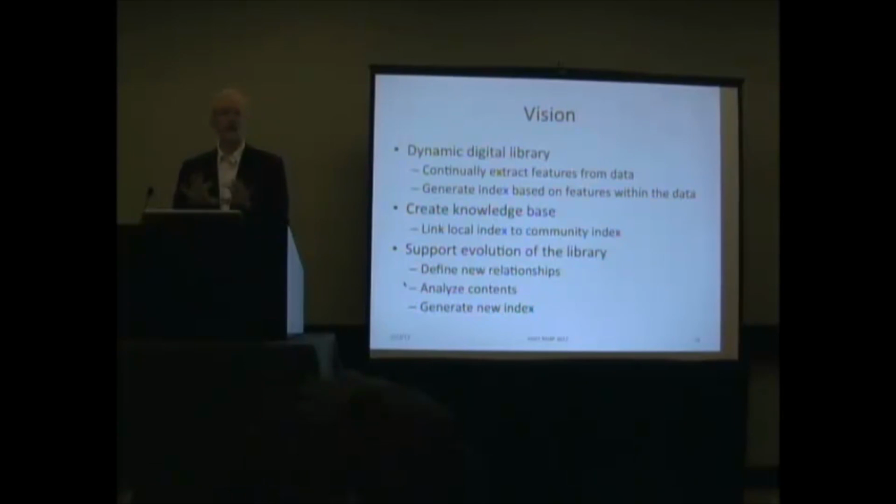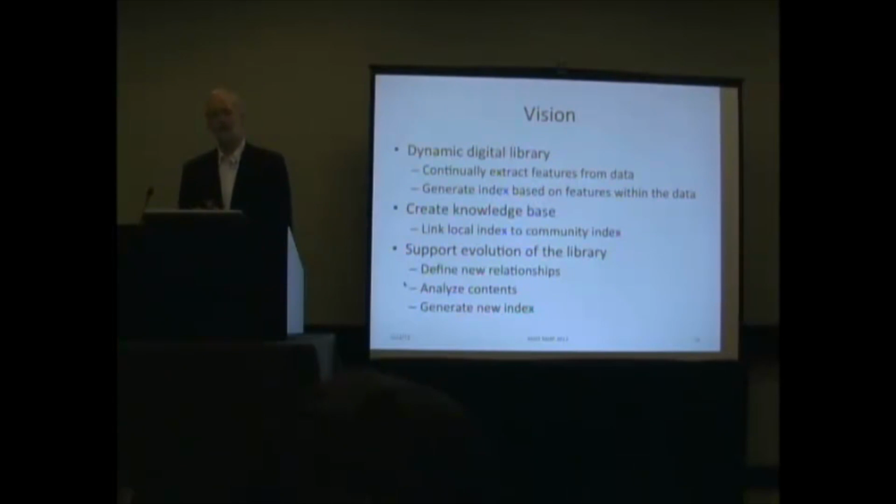That links the local feature set to the external feature sets being defined by the community, which means now I have a knowledge base. I've got my data, I've got a characterization of my data, I know how it's related to the data used by the rest of the community. And I have an environment in which I can define new sets of relationships that I can have the system automatically apply, extract new features, allow me to construct a new index.